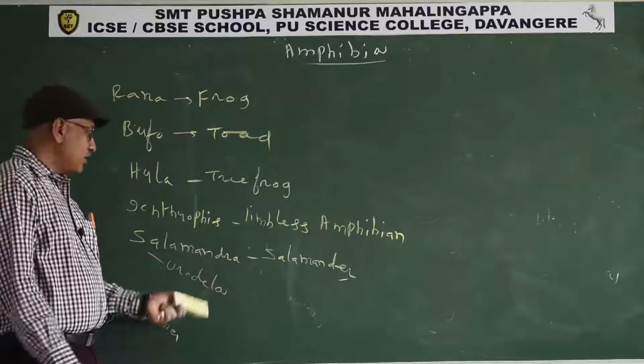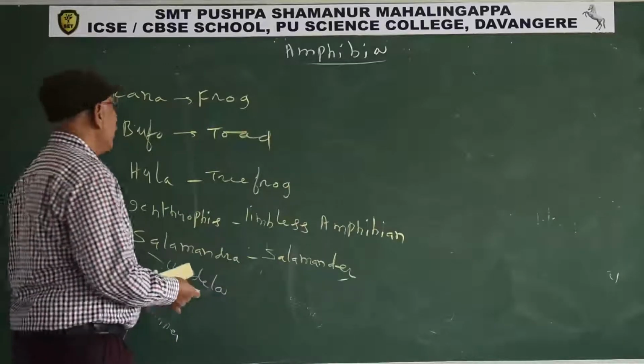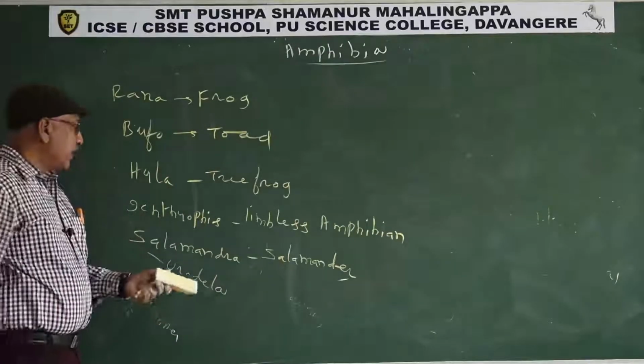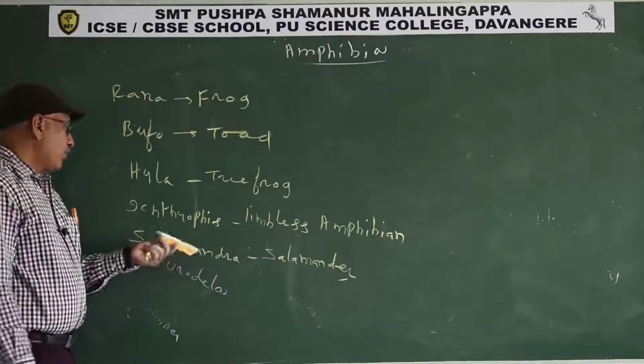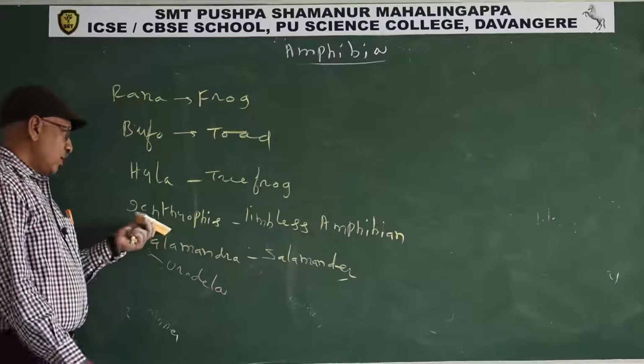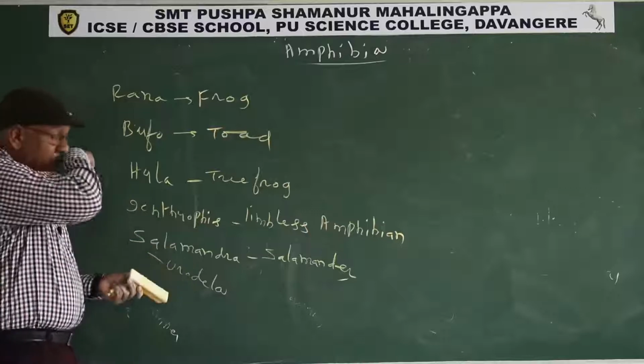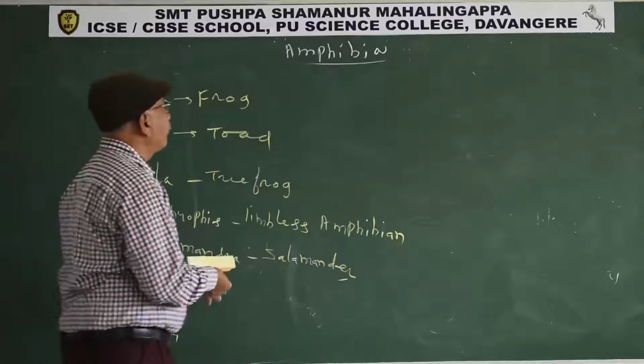Limbs are equal in size in Urodela. Limbs are unequal in Anura. In case of Apoda, Ichthyophis belongs to Apoda. Limbs are absent. That's why limbless amphibian.